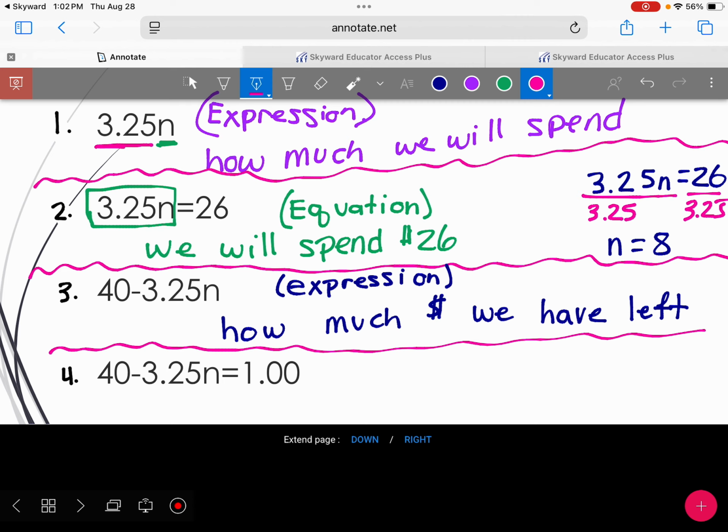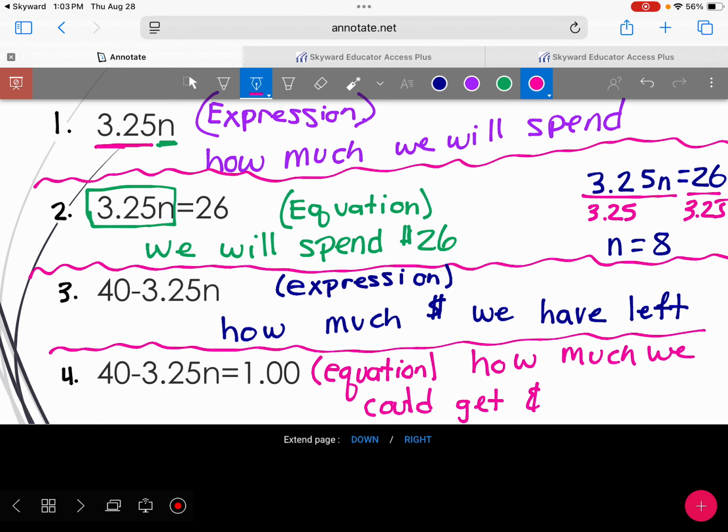So if we were to solve this, I'm going to put our equation on here just because I wrote it for everything else. I'll put it down here. Equation. It's how much we could get and still have $1.